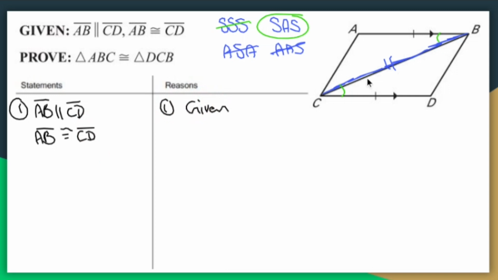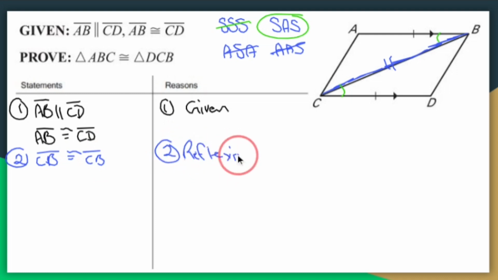This is just the order that I discovered them. So I could say CB is congruent to CB, and whenever you say that a line is congruent to itself, that is the reflexive property.